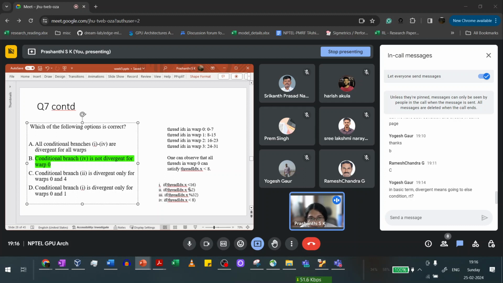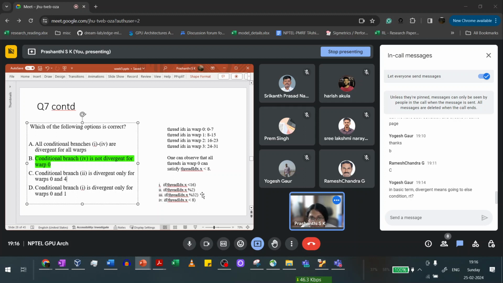So all you need to do is come up with the thread IDs for each warp. This is the template for all questions like this. You have to look at these conditions, and for each warp think about whether some thread IDs are going to satisfy the condition and some are not.